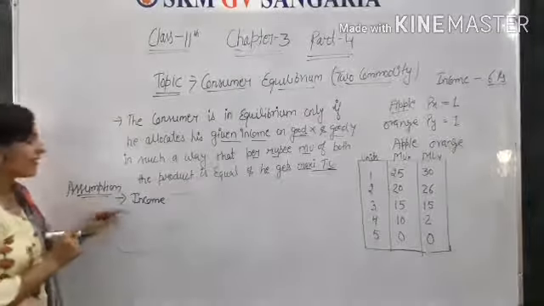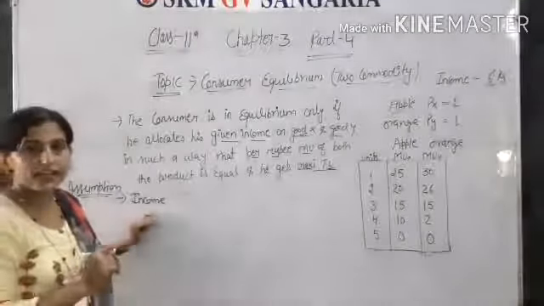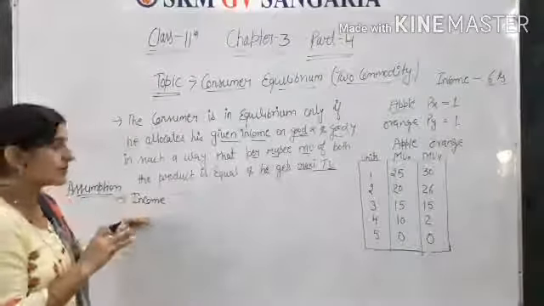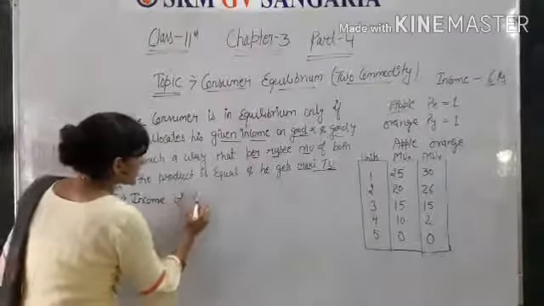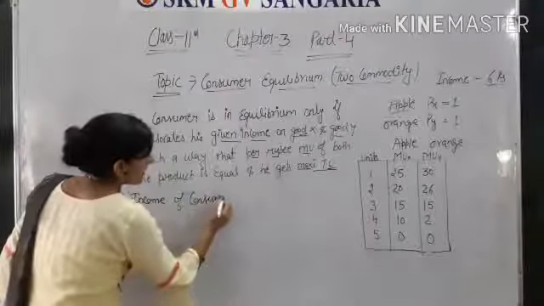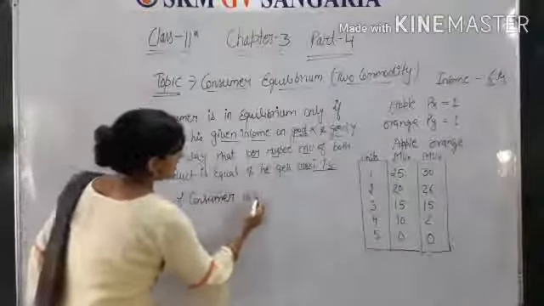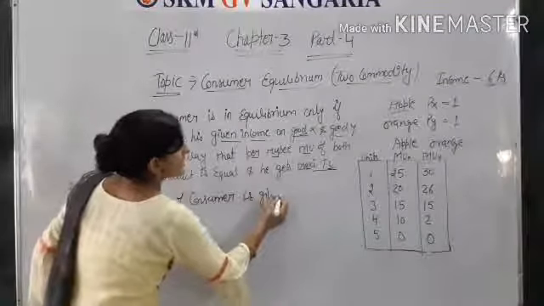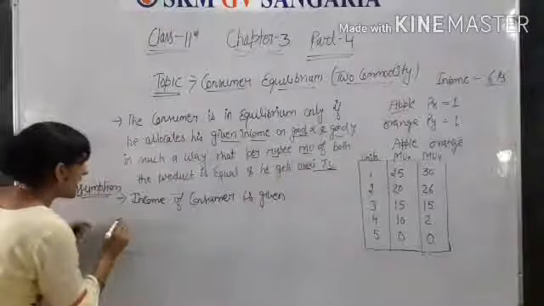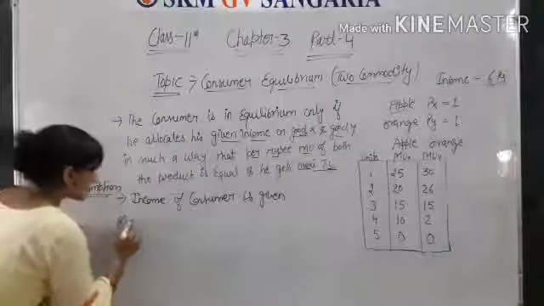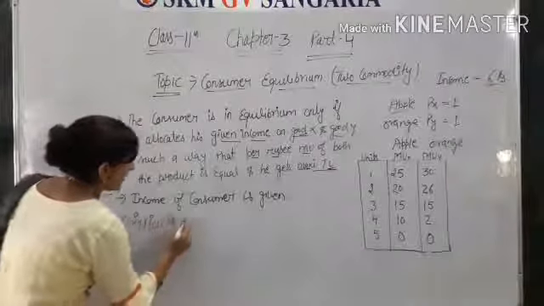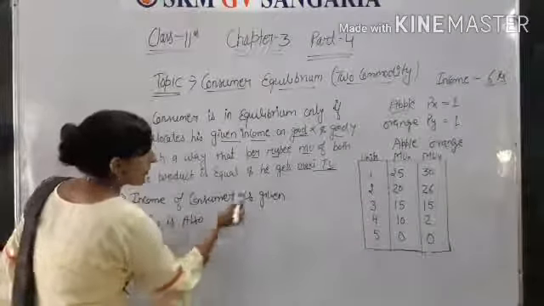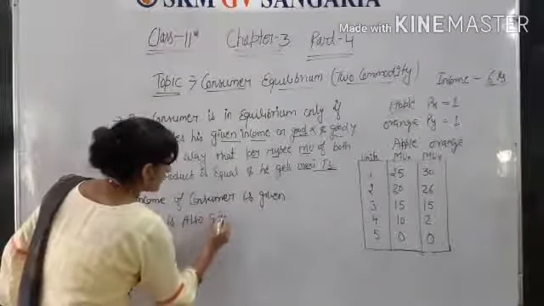Because if we do not assume this, then this theory will collapse and will not be applicable. Like here we have given 6 rupees, you can see. And the second, the price of good X and the price of good Y are also given, that is rupees 1.